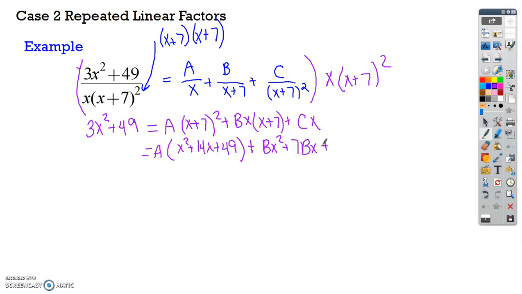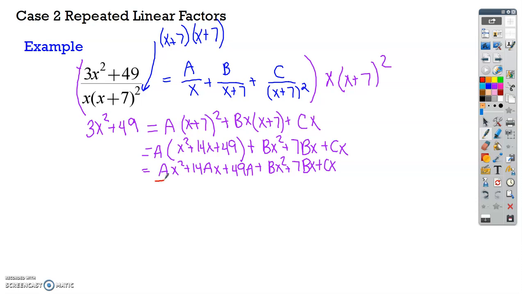Looks gross, but that's okay. Plus cx. We distribute out our a. We have ax squared plus 14ax plus 49a plus bx squared plus 7bx plus cx. I'm sure you're thinking that looks nasty, but it'll be all right.